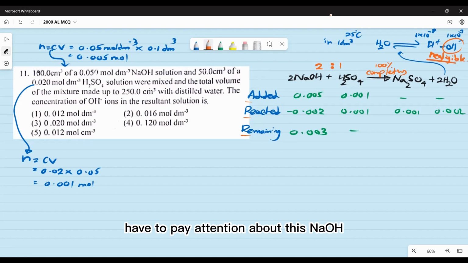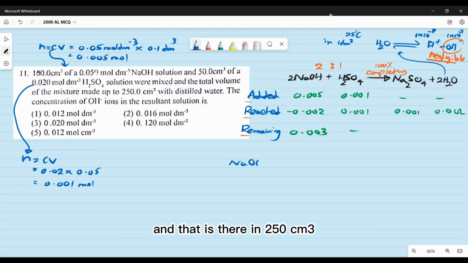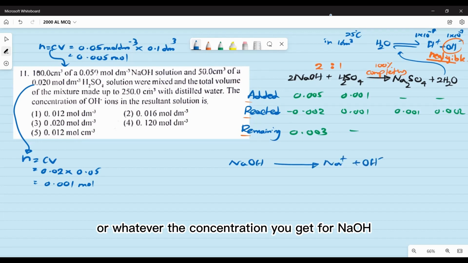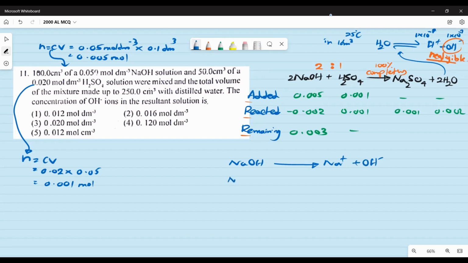So now we only have to pay attention to this NaOH remaining, right? So now you have 0.003 moles of NaOH remaining, and that is there in 250 cubic centimeters. NaOH completely ionizes into Na plus and OH minus. So whatever concentration you get for NaOH will be there for the OH minus also. So the total volume is 0.25 dm3.